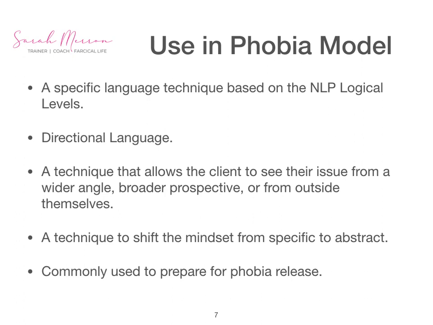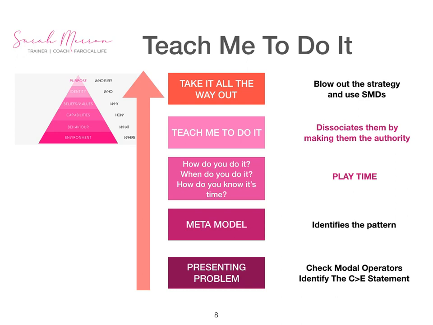Okay? So, what does it look like when we're using it in the Phobia Model? It looks like this. So let's say we have, I don't know, fear of spiders. Okay, so how is being scared of spiders a problem for you?